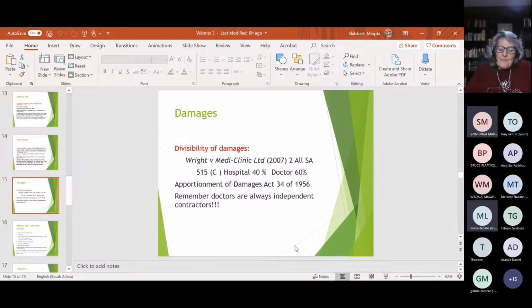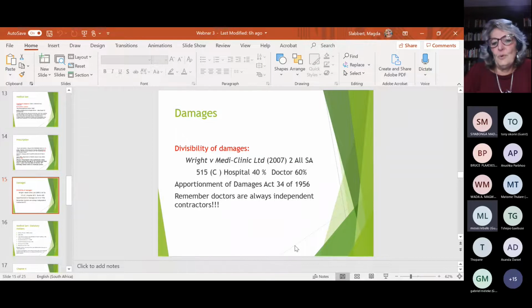If they are working in the public sector, they are employees, and then the MEC of Health will be 100% liable. But if you see that case, Wright versus Mediclinic Limited, that is a private hospital. So the facts were argued, and then the court came to the conclusion that the hospital was 40% negligent and the doctor 60%.